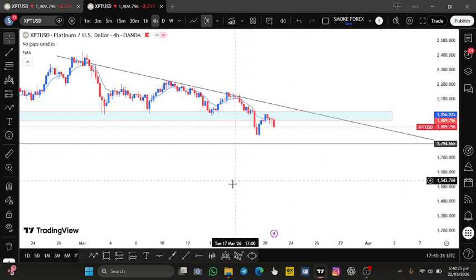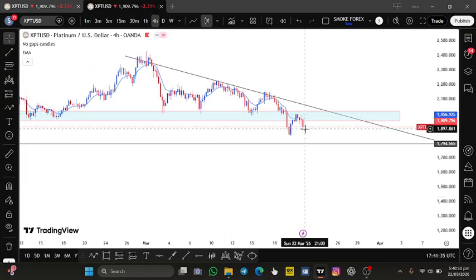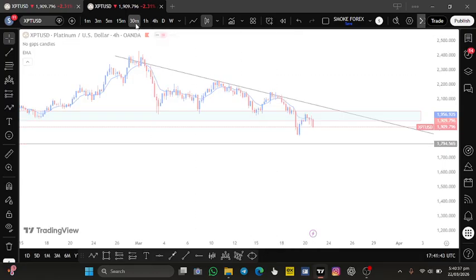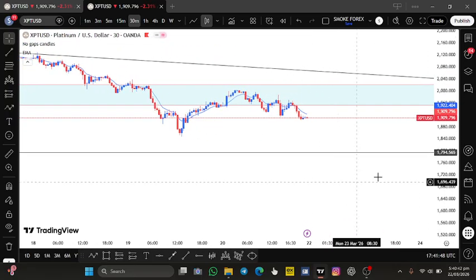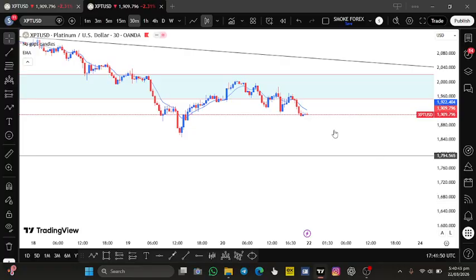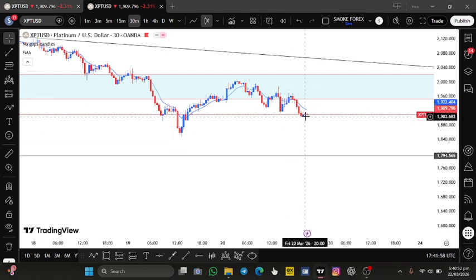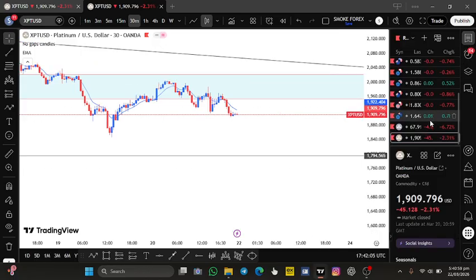I think this trade is already gone, bro. Price did the break and retest. So I'm going to go to the lower time frames, and if the lower time frame is going to do another retest, that's where I'm going to enter. I think that's all for next week.